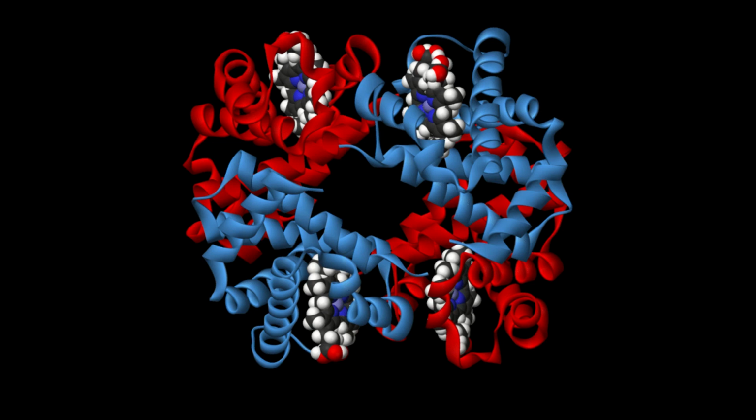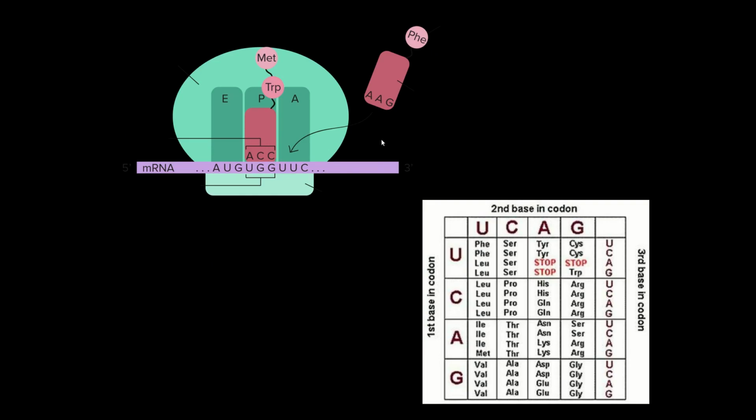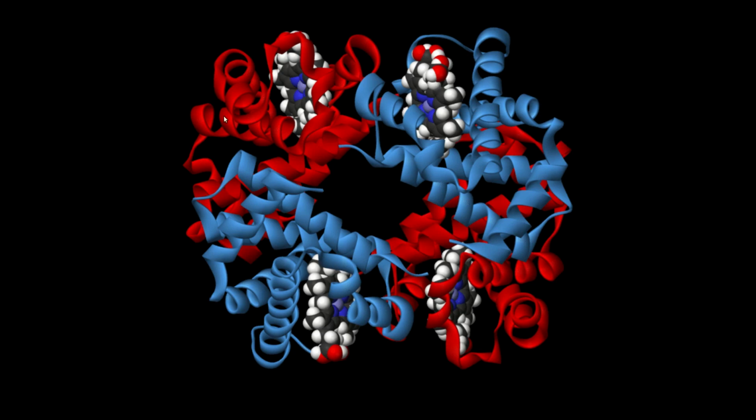So your DNA sequence will dictate your RNA via this nanomachine, the RNA polymerase II. Your RNA sequence will dictate your protein sequence via this other nanomachine called the ribosome, and in the end you will have your protein that makes you.